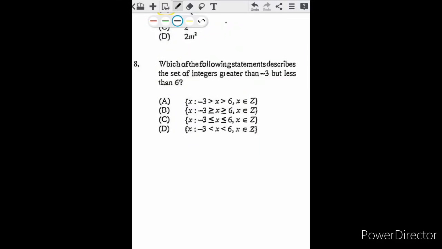B says x is less than or equal to -3. So B is already out. So let's just take those off. And C says x is greater than or equal to. There's no equal, so C is also out. And D says x is greater than -3 and less than 6. Hence our answer.